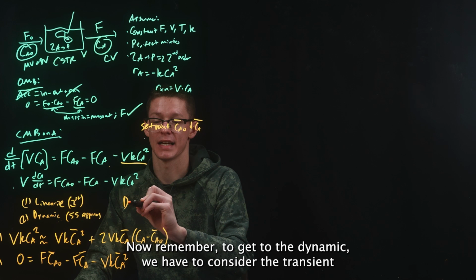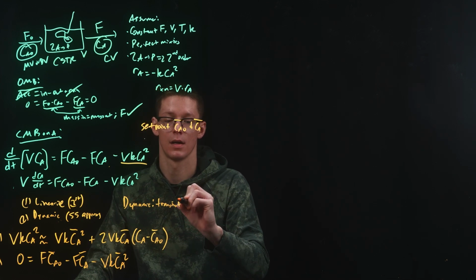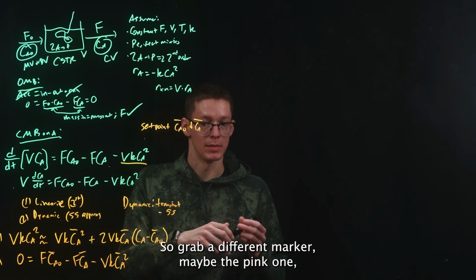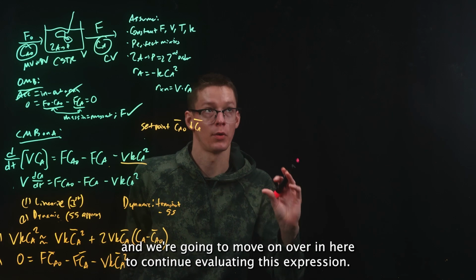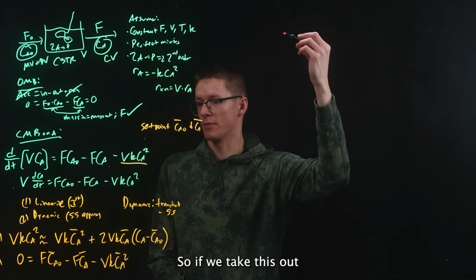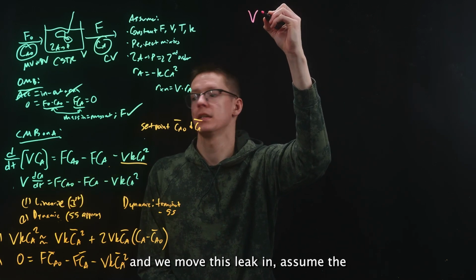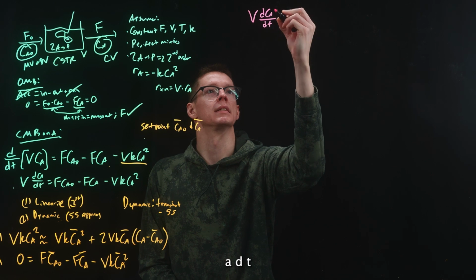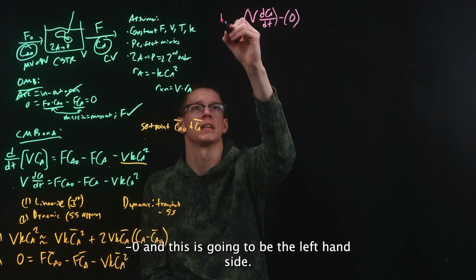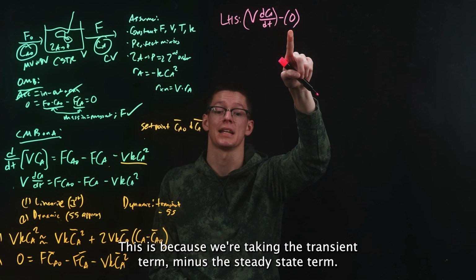Now, remember, to get to the dynamic, we have to consider the transient minus the steady state. So I'll grab a different marker, maybe the pink one, and we're going to move on over in here to continue evaluating this expression. So if we take this out and we move this, we can assume V dCA dt minus 0. And this is going to be the left-hand side. This is because we're taking the transient term minus the steady state term.